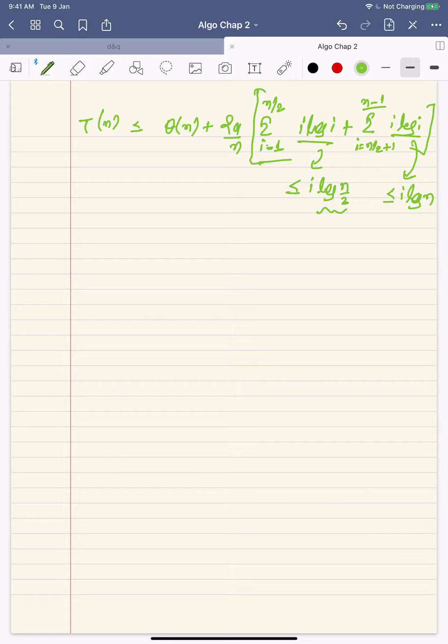Okay, sure. So I can write this whole thing less than or equal to theta n plus 2a by n. Now there are two things.